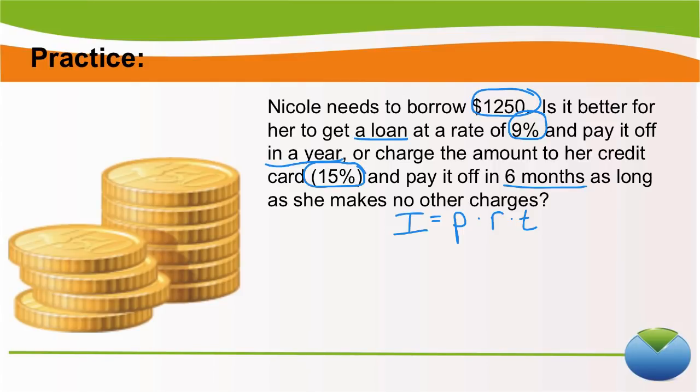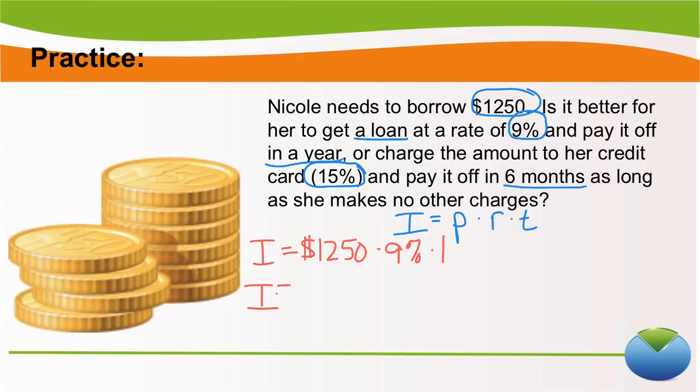All right, we're going to do the loan over here in red first. So her principal is $1,250. Her rate for the loan is 9 and use the percent, and she's going to pay it off in 1 year.